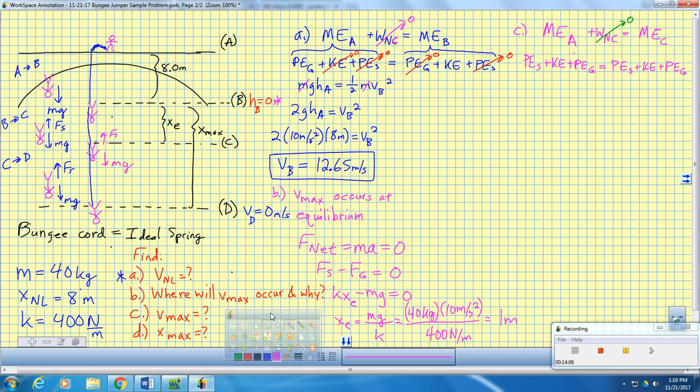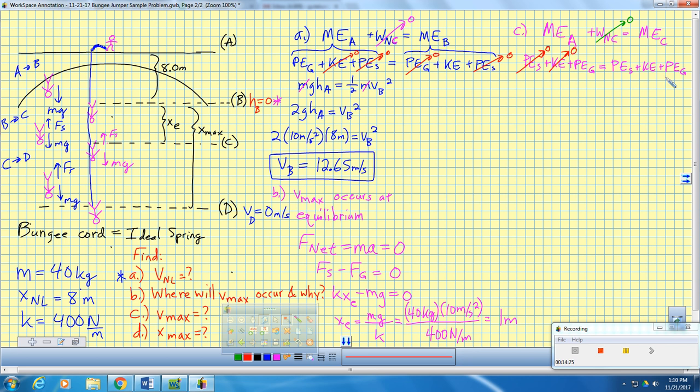So as I'm looking at this, there's a couple different kinds of energy that are 0. At A, I don't have any spring potential energy because I haven't stretched the spring yet. So that's 0. At A, I don't have any kinetic energy yet because we're not moving yet. And at C I have all three kinds. Okay, so not a whole lot of Zeroville going on there.